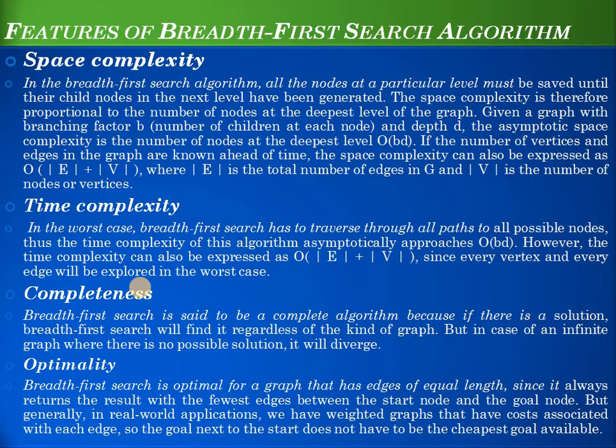The space complexity for breadth first search is order of BD, where B is the branching factor and D is the depth.